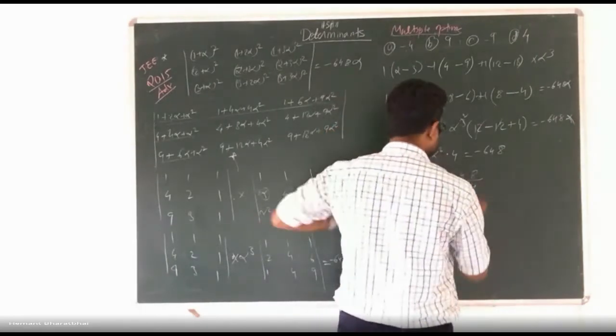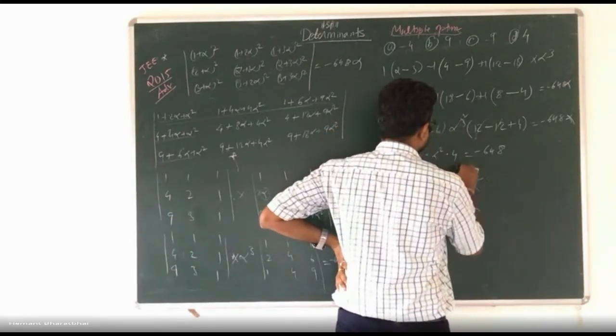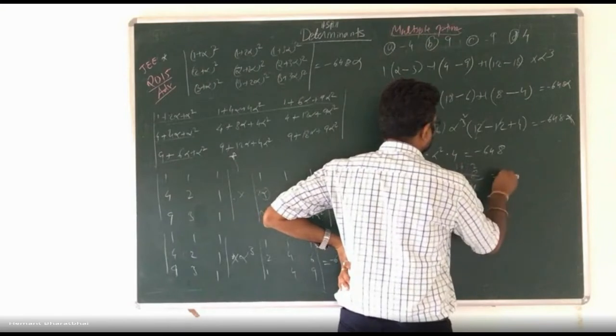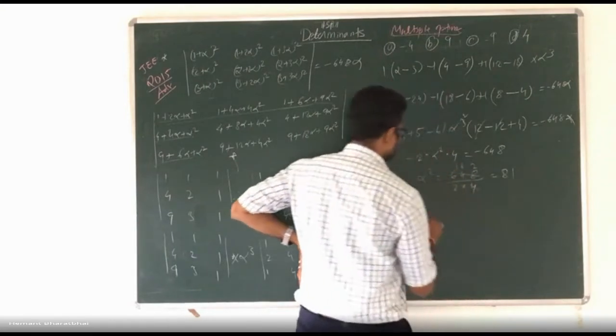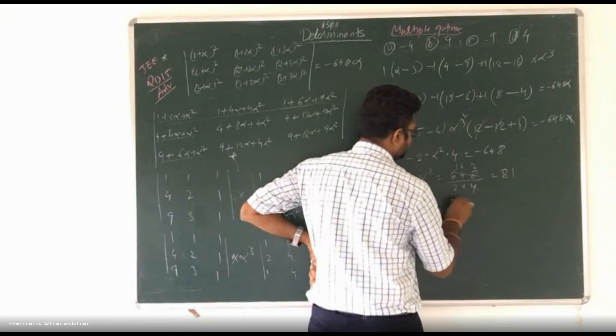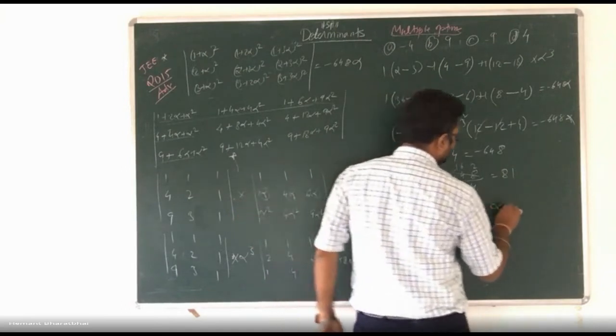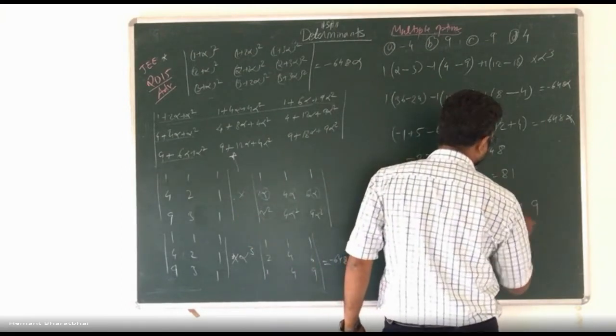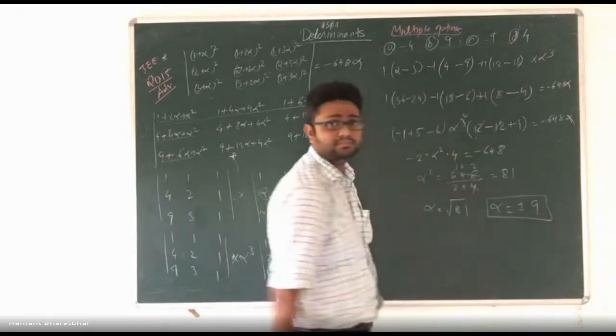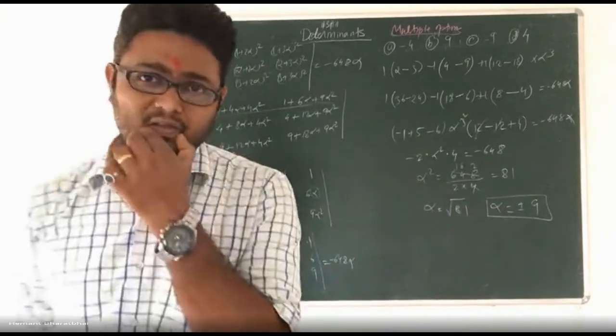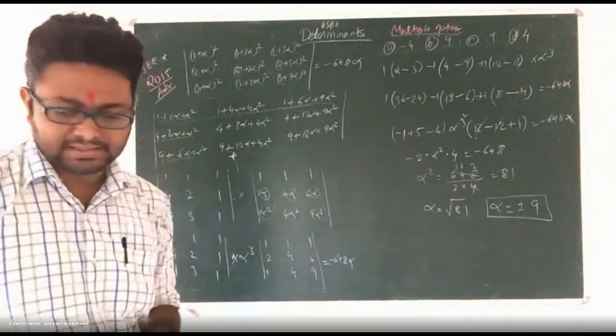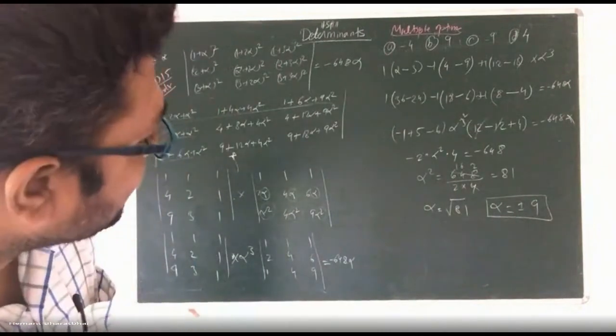So 4 16s are, 4 2s are, 2 1s are, 2 81s are. So I'll get alpha is equal to square root of 81. Therefore I'll get alpha is equal to plus minus 9. So I'm going to get two values of alpha. Okay, one is plus 9 and one is minus 9.